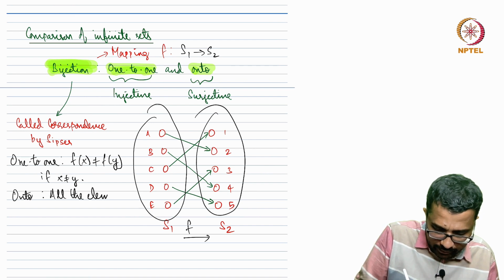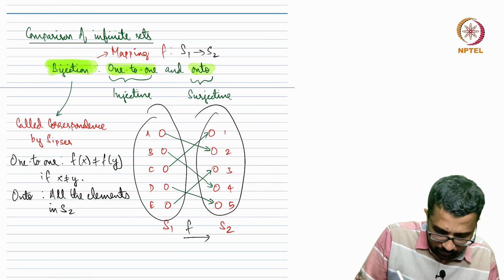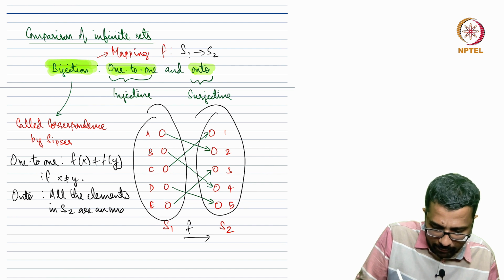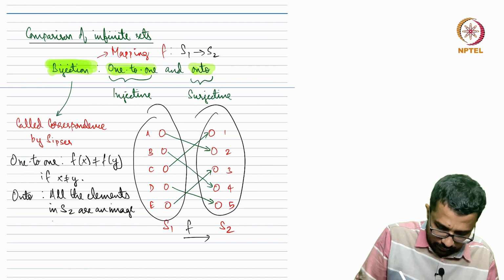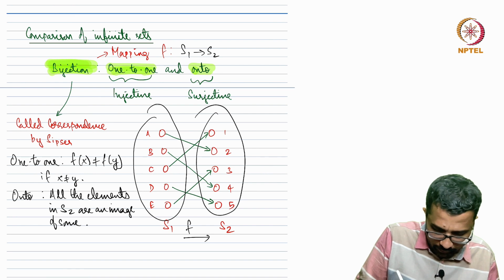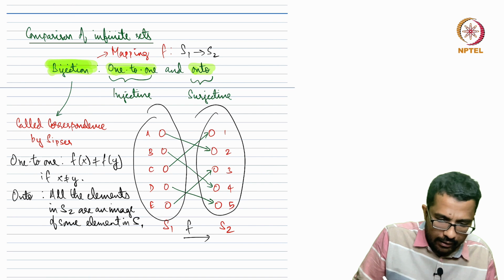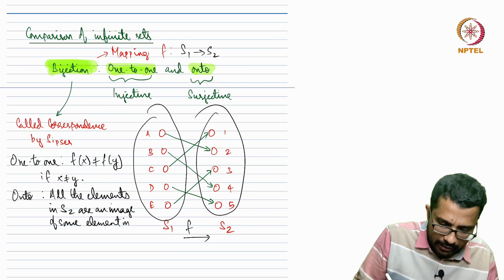All the elements in S2 are an image of some element in S1, meaning every element in S2 has a pre-image.